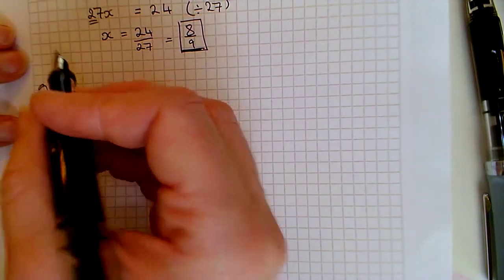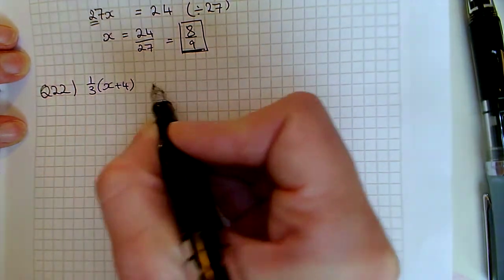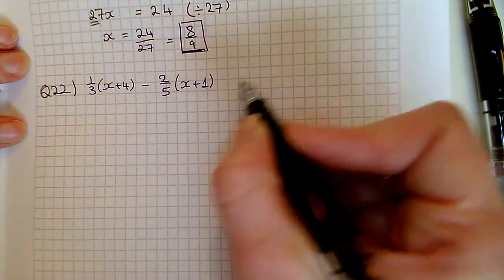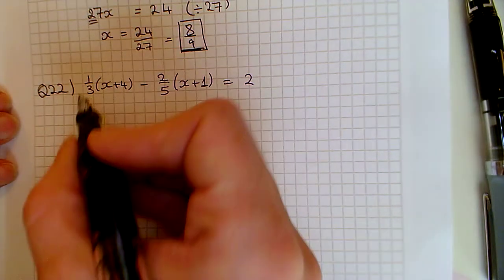Next, question 22. We had a third by x plus 4 minus 2/5 by x plus 1 equal to 2. And again, I'm going to rewrite this so that I have each term as a single fraction.